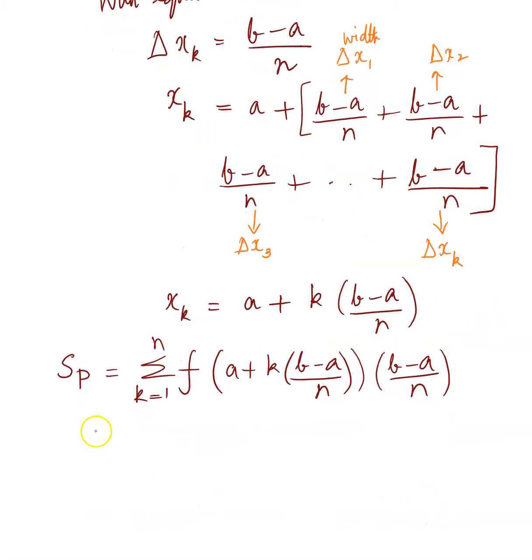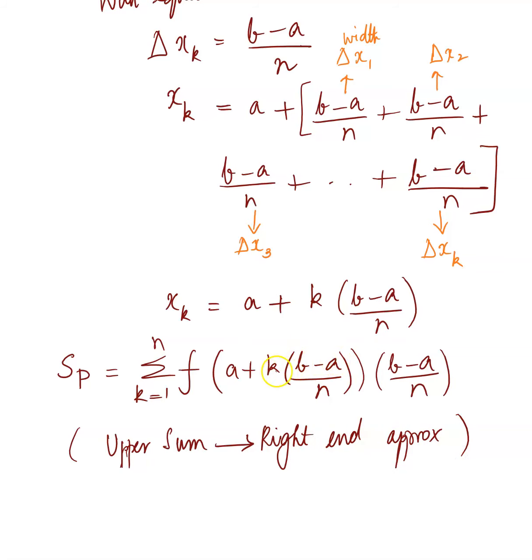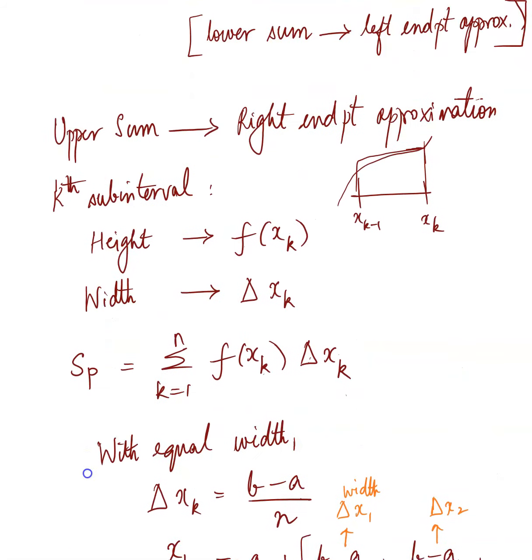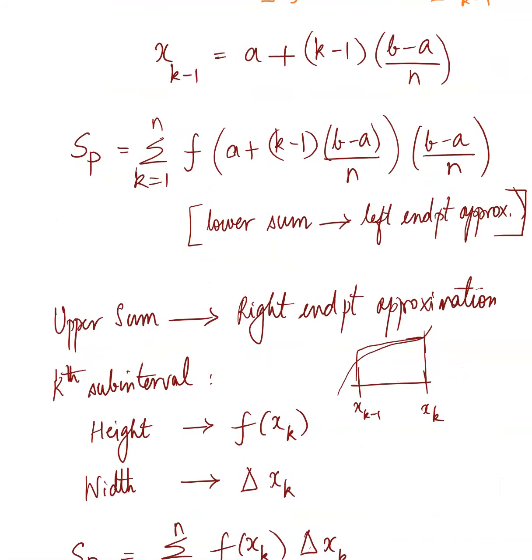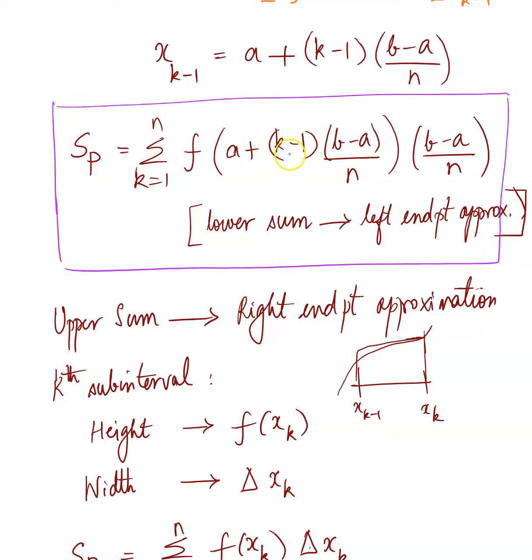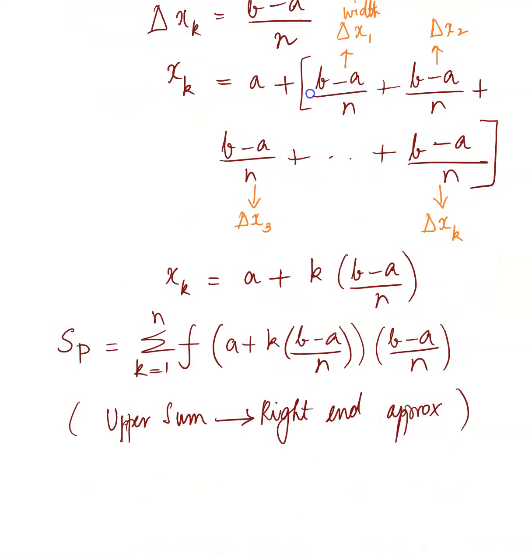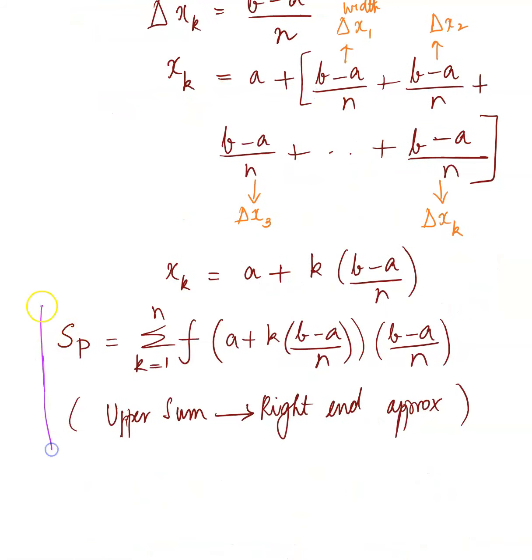And this is the formula we use for the upper sum, right end approximation. Notice that the only difference was for the left end you had k minus 1, here you have k. We can quickly check that out. Yes, we do have the k minus 1 coming in there. Here we have the k.